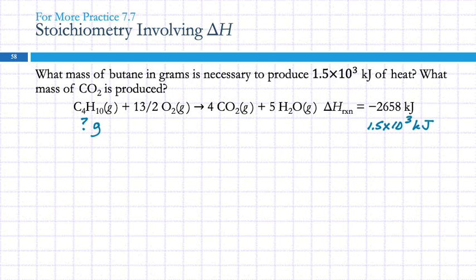There's stoichiometry going on here. Grams to moles to grams. This time we're finding grams, and we'll find grams from the moles of that, but we're starting with kilojoules. And kilojoules lets us skip one of the moles. Kilojoules to moles to grams.